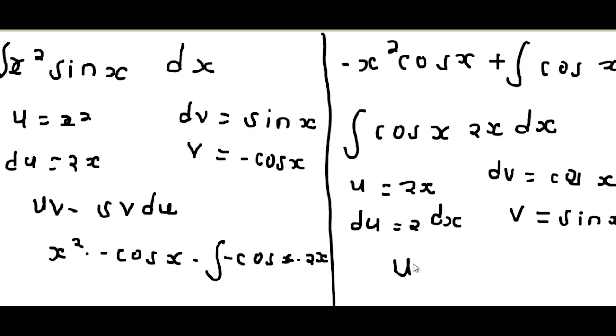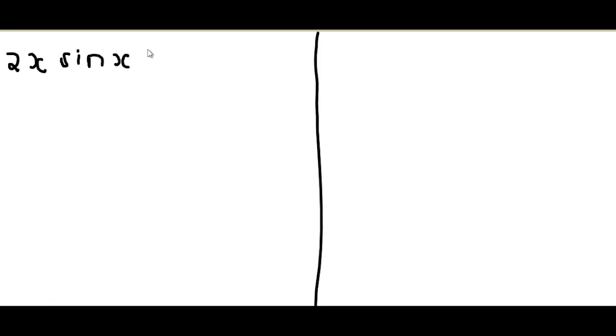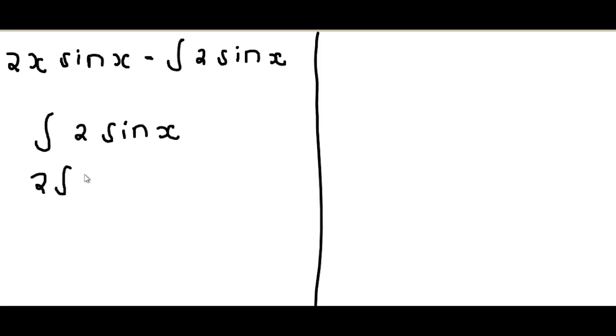So we just do the same, uv minus the integral of v du, whereby our uv is 2x sine x minus the integral of 2 sine x dx. So when we integrate 2 sine x, we bring this 2 out here, and we're left with the integration of sine x dx.